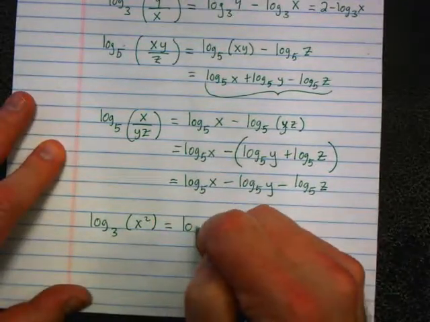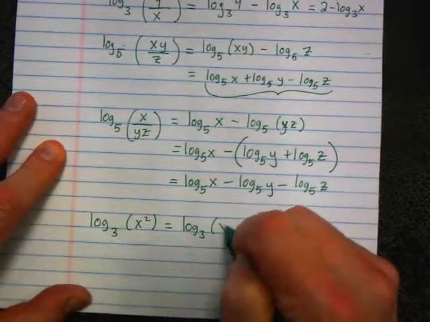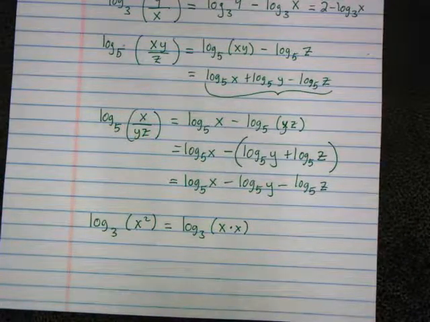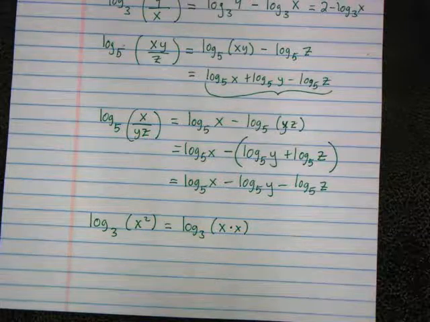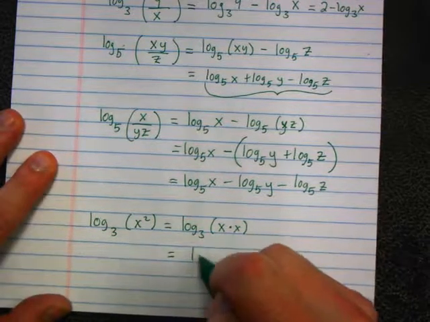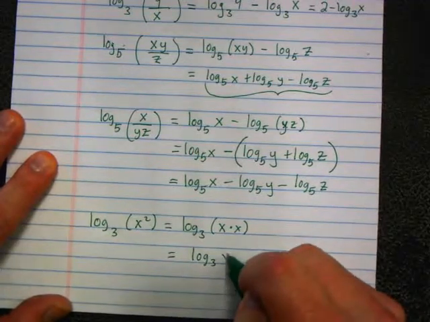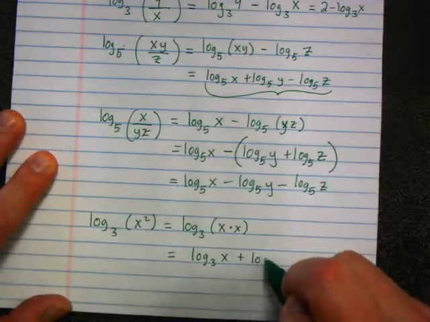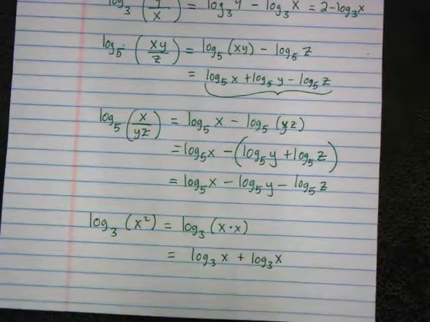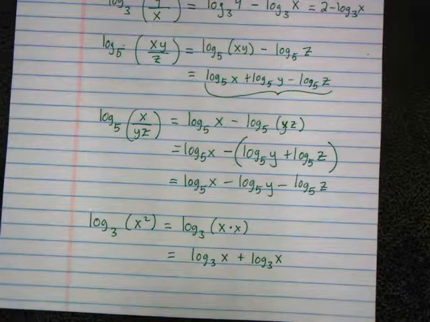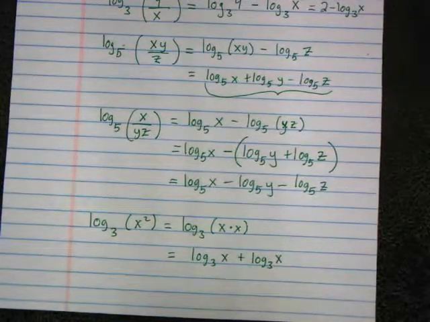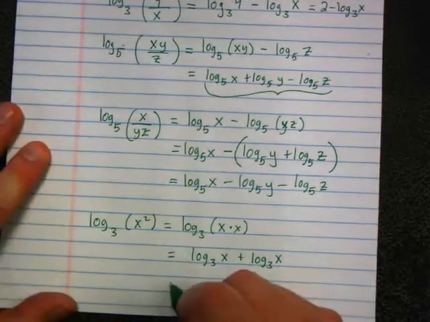So this is the log base 3 of x times x. We can use our addition rule. This is log base 3 of x plus log base 3 of x. What's another way to write log base 3 of x plus log base 3 of x? 2 log base 3 of x. There's 2 of them.